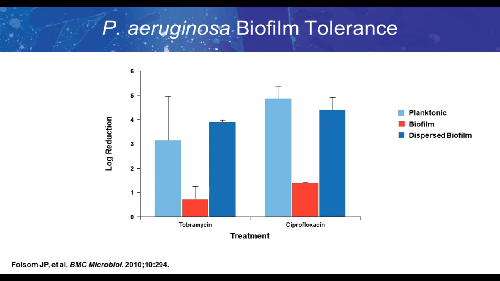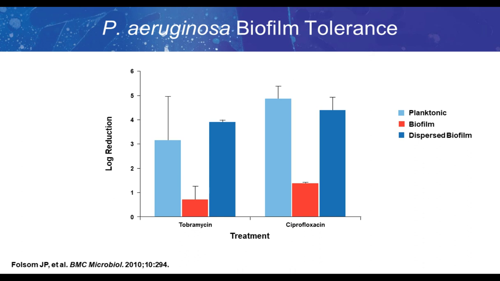Here's an example of biofilm tolerance with Pseudomonas aeruginosa, treated with two different antibiotics, tobramycin and ciprofloxacin. With planktonic bacteria, we get around a 3 log mean log reduction with tobramycin and about 5 log reduction with ciprofloxacin.